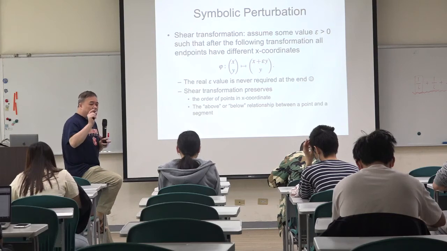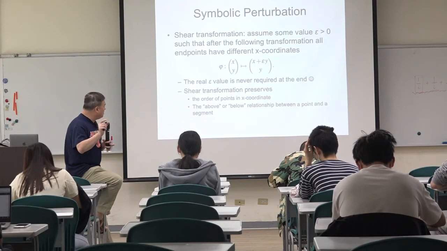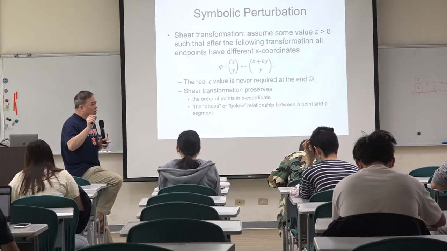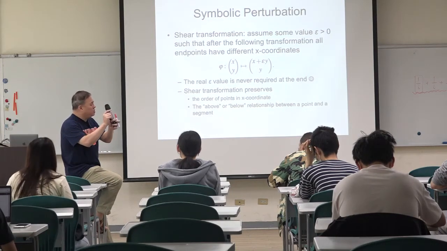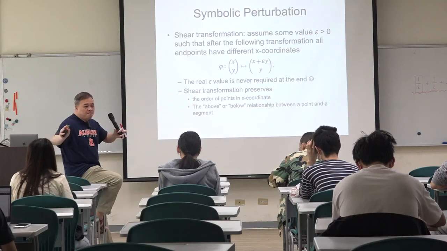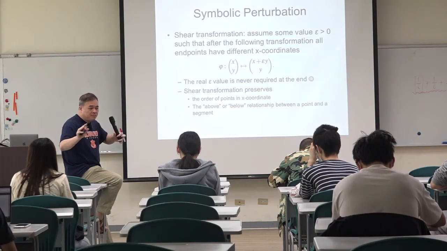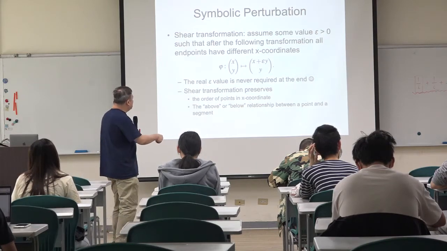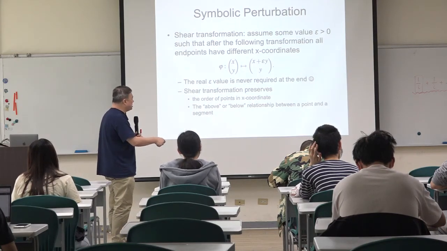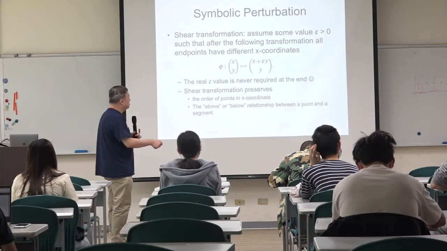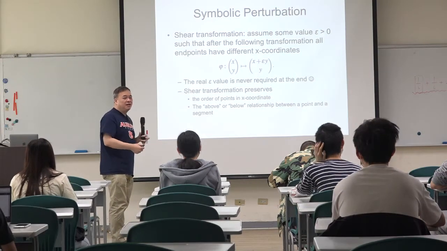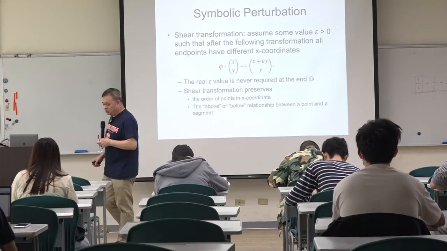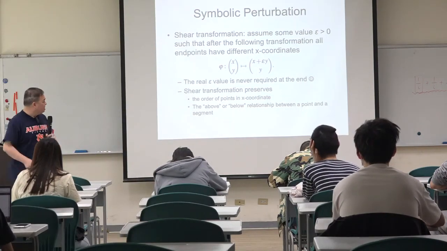And also, because of the existence of this epsilon, the x coordinates of all the points will be different now. The real epsilon value is never required at the end. This is important, right? Obviously, if you needed to do this computation, you'd be crazy.